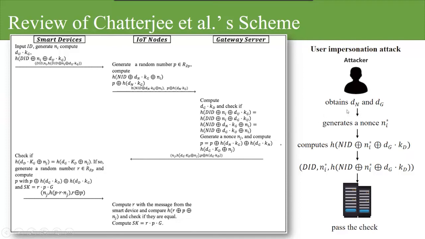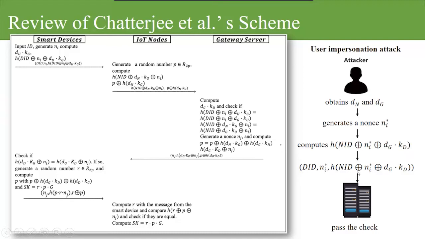For instance, the adversary can easily get DID, for it is transmitted in plain text. Then he generates a nonce NI star, computes the hash value, and sends these strings to the gateway server.